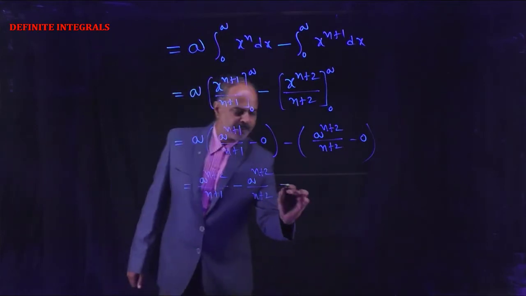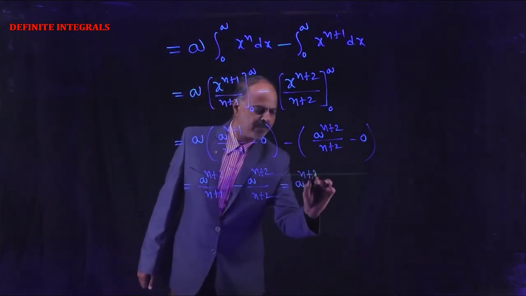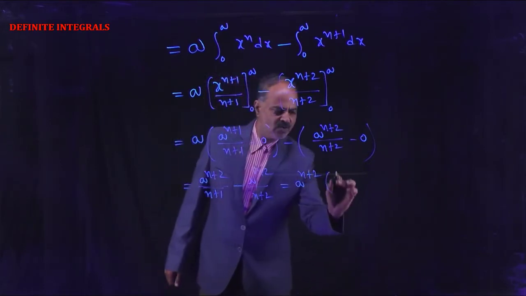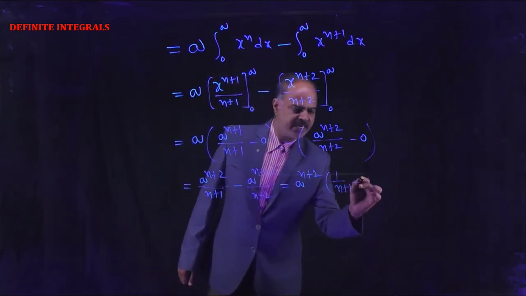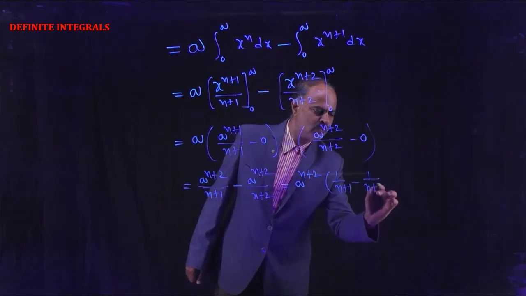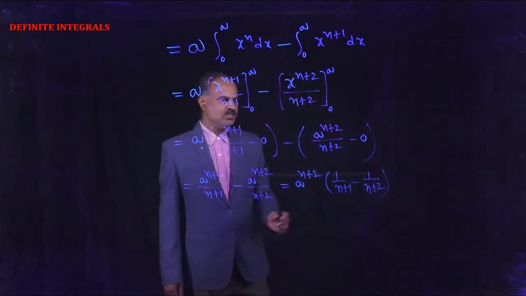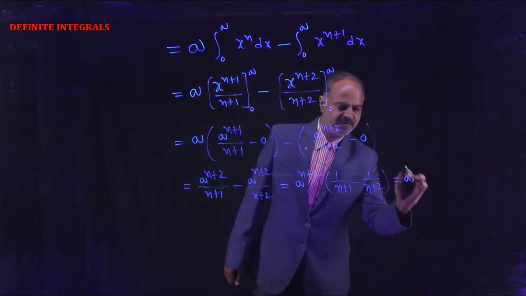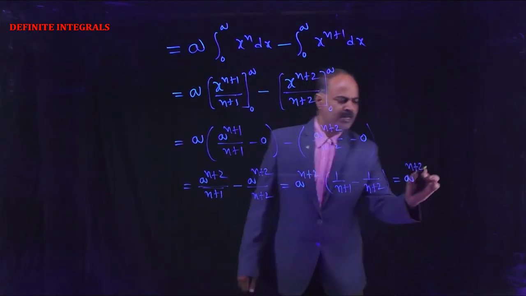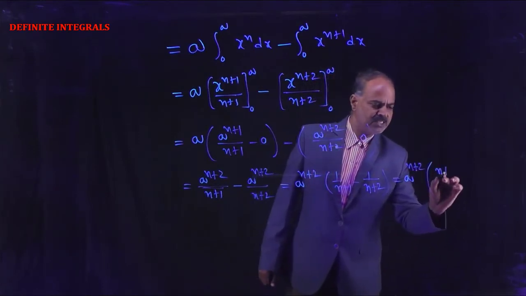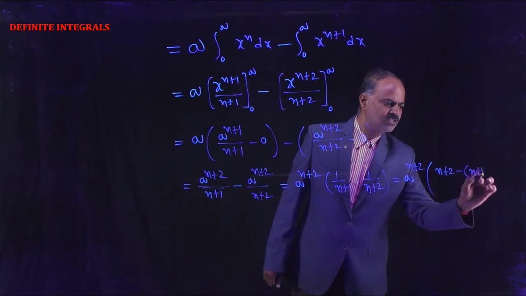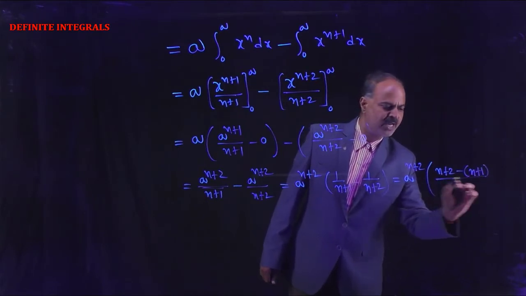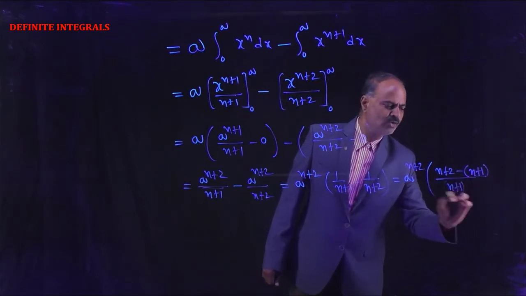Now here a power n plus 2 is common. So 1 by n plus 1 minus 1 by n plus 2. Now this is equal to a to the power n plus 2 into (n plus 2 minus (n plus 1)) by (n plus 1) into (n plus 2).